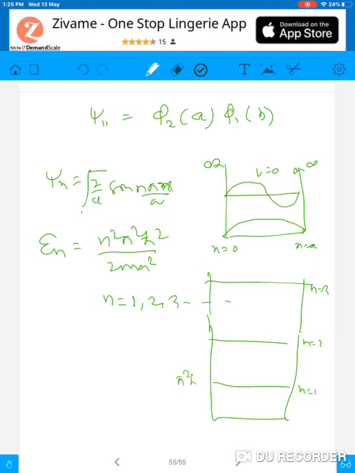Here the value is π² ħ² upon 2ma², the first excited state is 4π² ħ² upon 2ma², and the gap is 3π² ħ² upon 2ma². The next is 5π² ħ² upon 2ma². So don't get bothered about this gap in the representation.